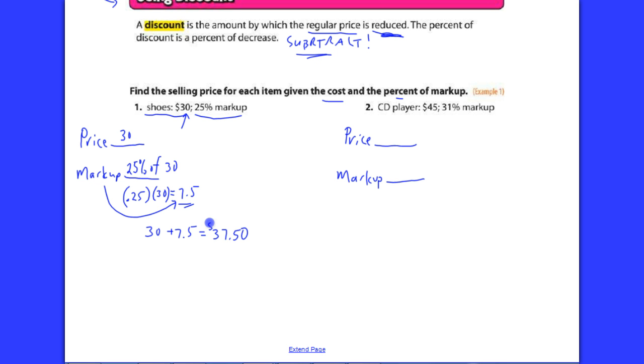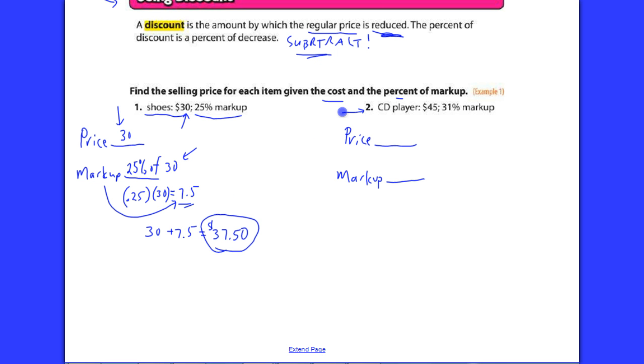That's it. That is the new price after the markup. It started at $30, and they marked it up 25%. All you need to know is how to find the percent of a number, which we learned recently using a proportion or an equation, and then you just add it in. If this was a 25% discount, you would have just subtracted at this point.